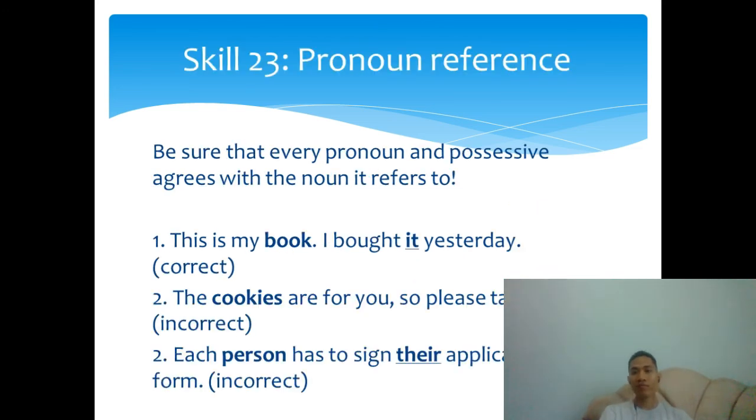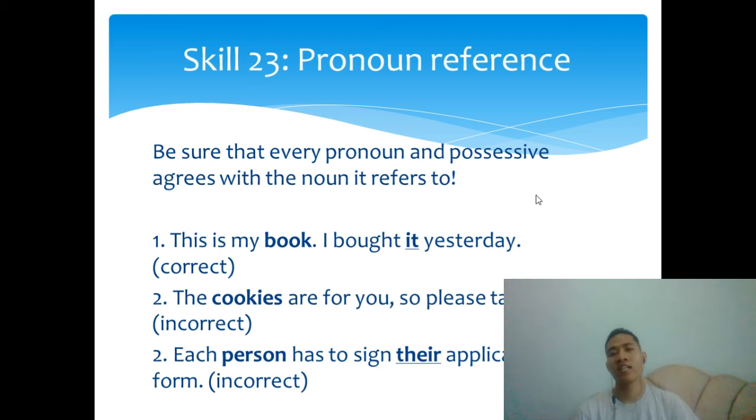Right. Now let's talk about the last skill, which is pronoun reference. This is about the noun and the reference. Be sure that every pronoun and possessive agrees with the noun it refers to. For example, Mr. Pahmi. What is the pronoun of Mr. Pahmi?